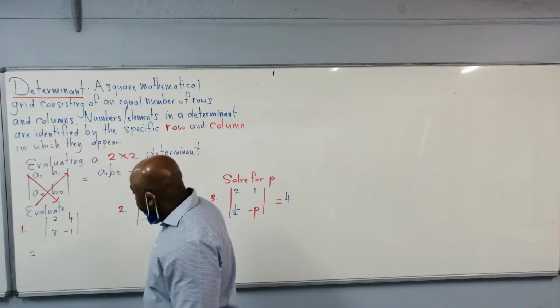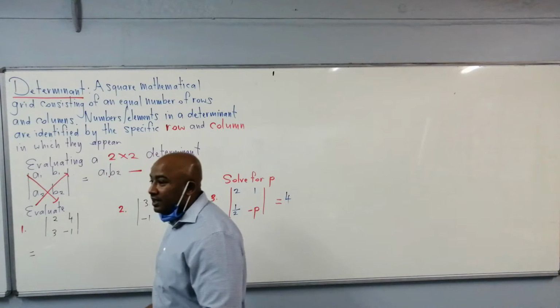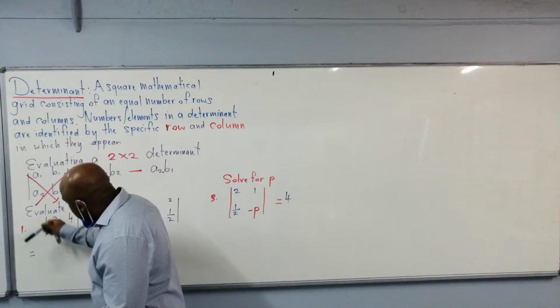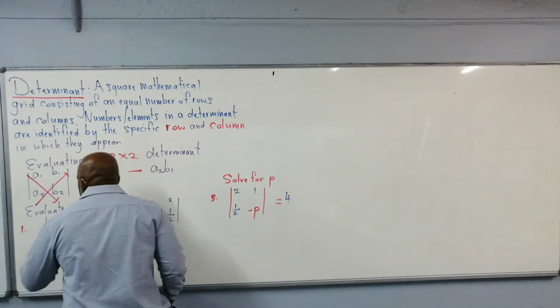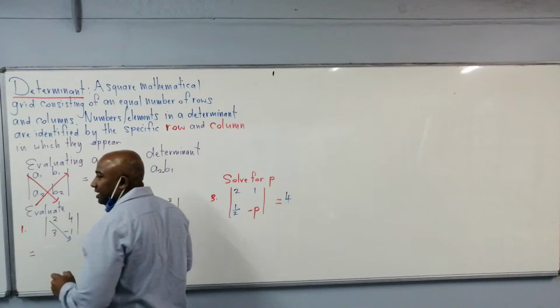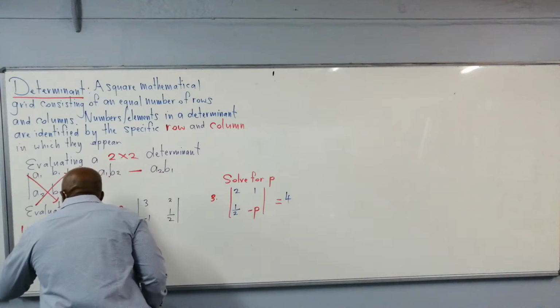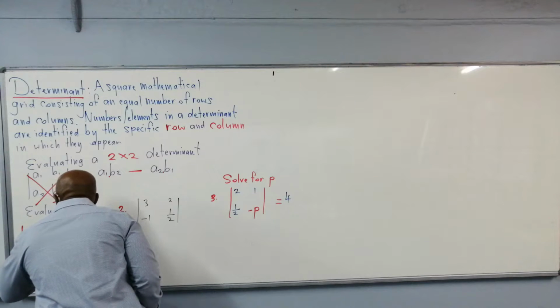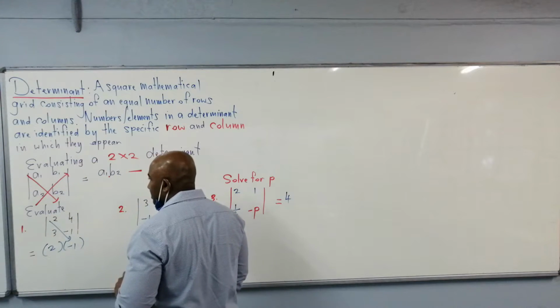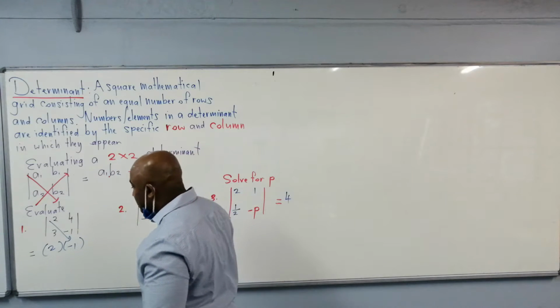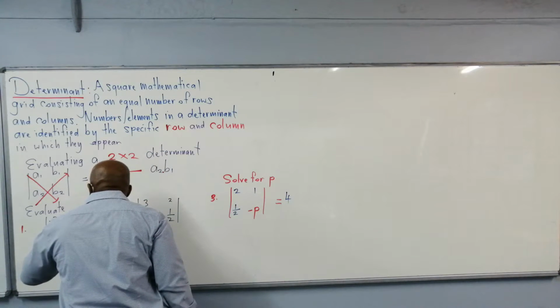So now, let's evaluate this determinant. We're just going to multiply going down. You don't have to put down a line, it's just to show you that we are multiplying this way. So it's going to be 2 times minus 1. Now you put down a minus sign, which is part of the formula.